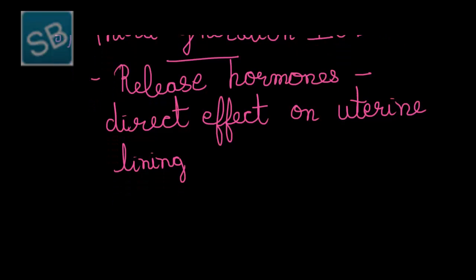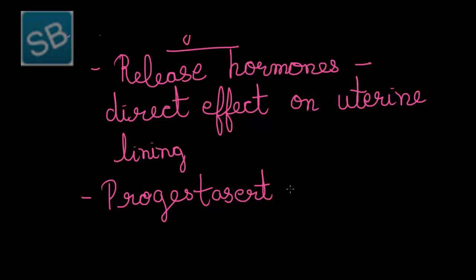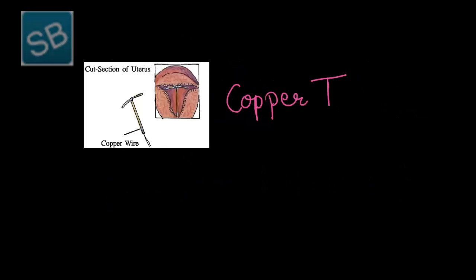An example of such a hormone includes progesterone. This is the best example of the hormone which is a part of third generation IUD. This figure depicts one of the intrauterine devices that is used most of all. It is known as copper T and it is considered a second generation IUD which releases metal ions, that is copper, which in the form of wire is inserted into the uterus.